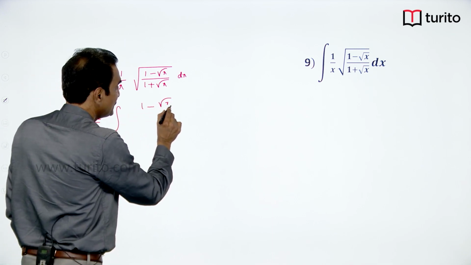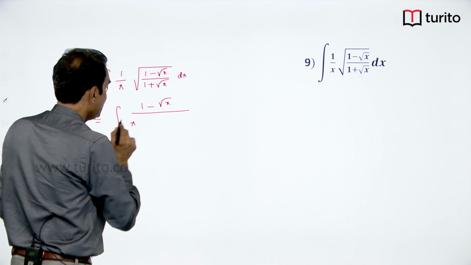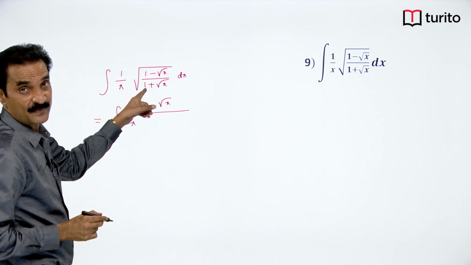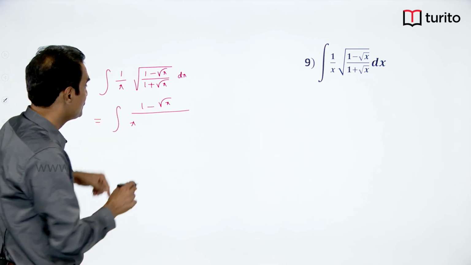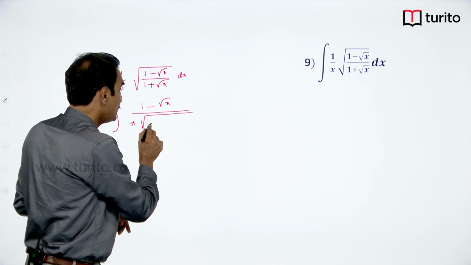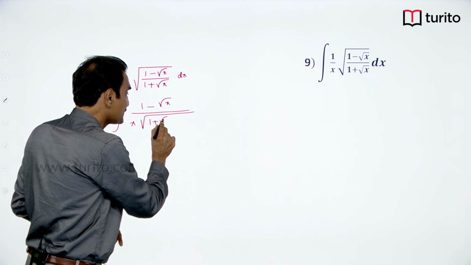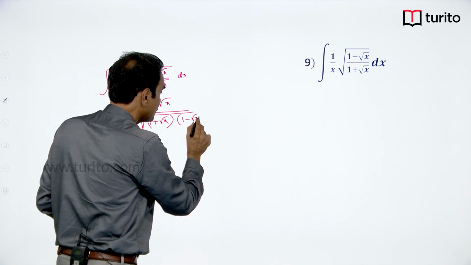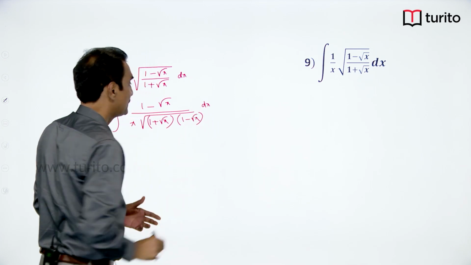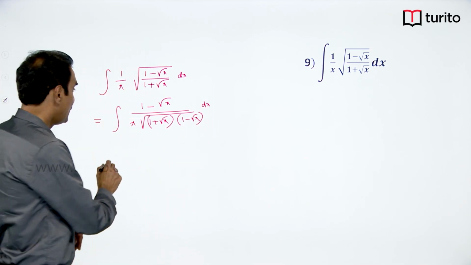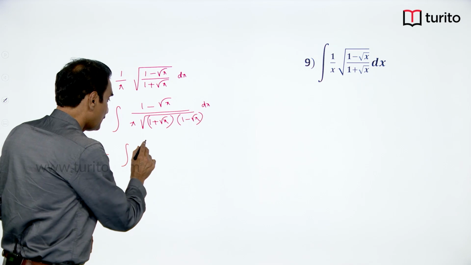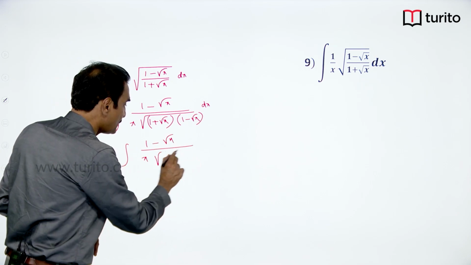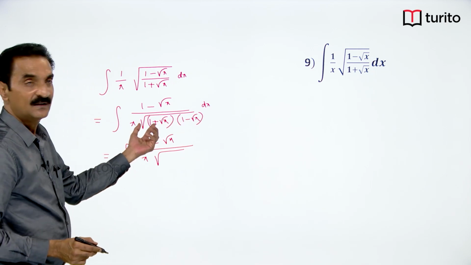Then you will get 1 minus root x by x into, we have to divide by root over 1 minus root x, no? This becomes root over 1 plus root x into 1 minus root x. Okay. Then it will be 1 minus root x by x into root, what will you get?